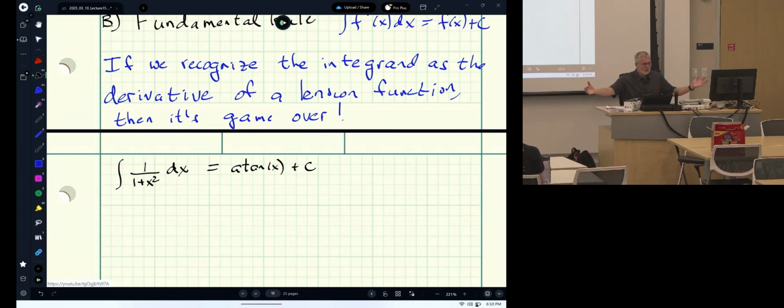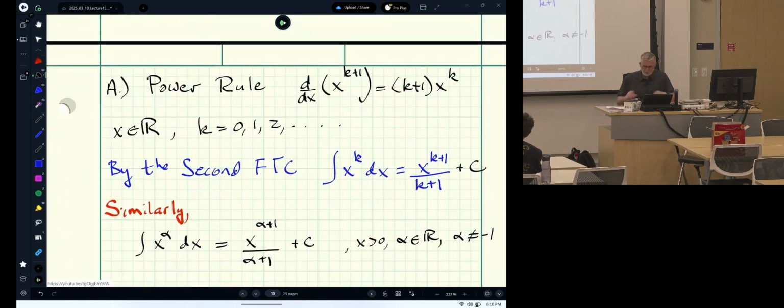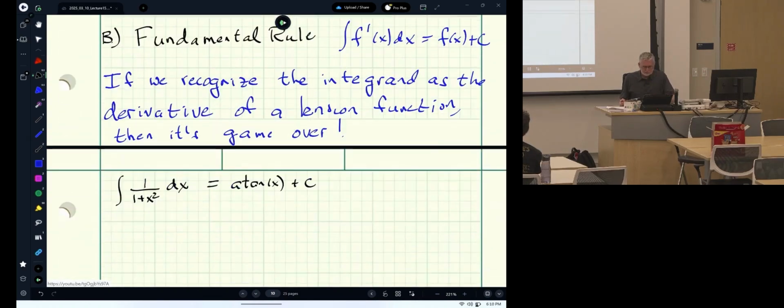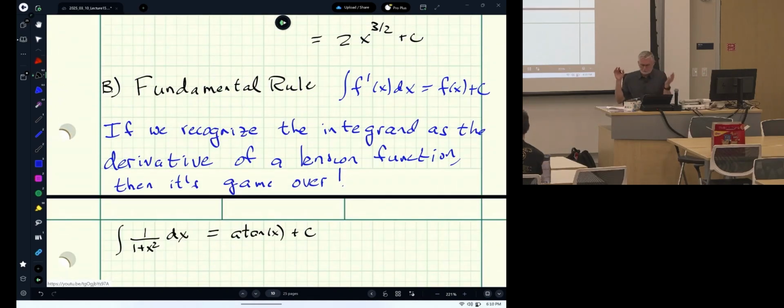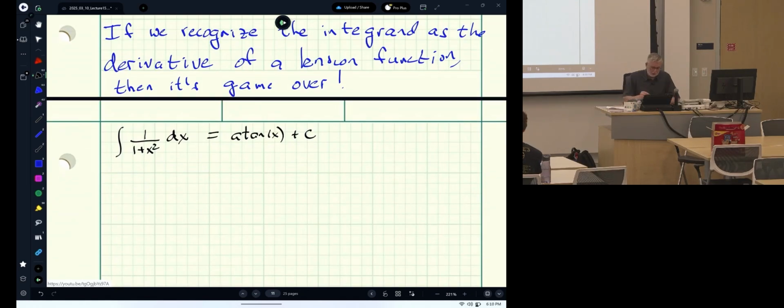So we've got these 7 or 8 antiderivatives that we've uploaded to our organic brain, and we look for those, and when you see them, done, game over. Okay, so the first one, power rules, the fundamental rule. It's not easy to recognize the integrand as the derivative of something, but when it happens, don't look a gift horse in the mouth, okay? So that's what that one says.